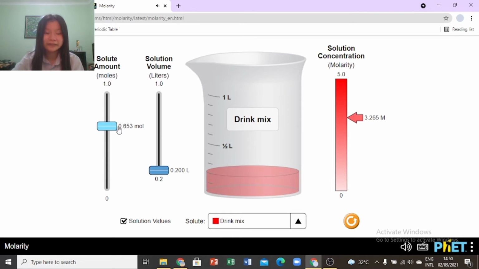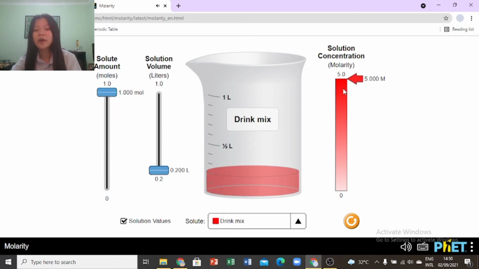Finally, when the moles reach the maximum, the molarity also reaches its maximum, 5. Look at the beaker, now it's not H2O but already a drink mix with the red color. But what will happen next if I also increase the solution volume in liters? So let's see.